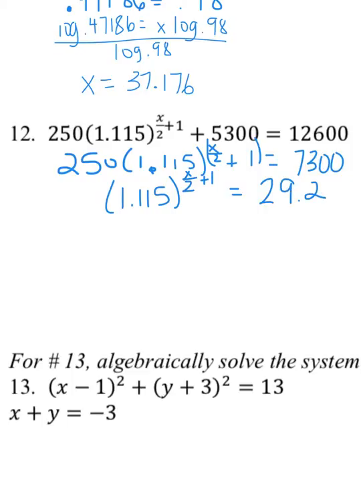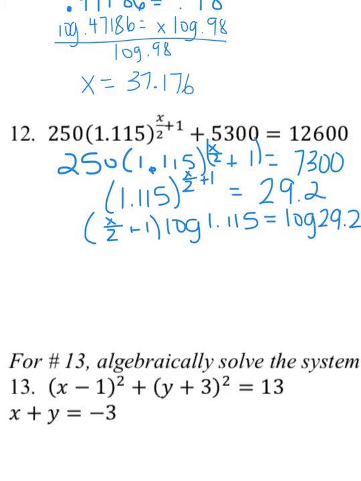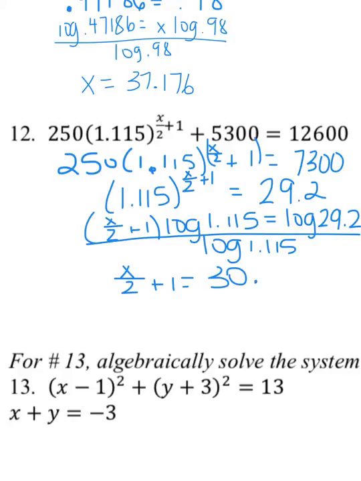I go to take the log of both sides. That entire exponent comes out front. So now I have x over 2 plus 1 log of 1.115 equals log of 29.2. I divide by the log of 1.115. So I get x over 2 plus 1 is equal to, again, 5 decimals at least, 30.99708.